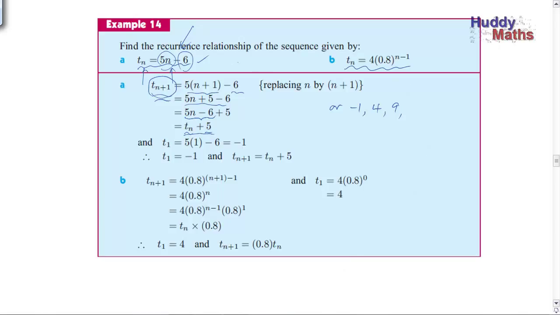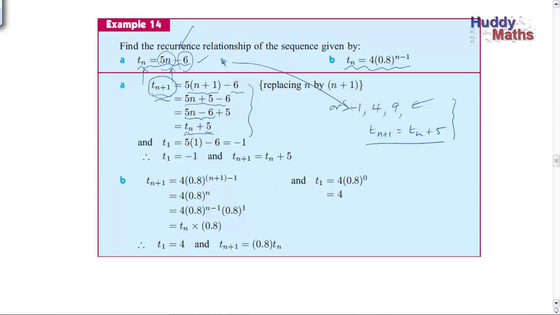So you could actually use the formula to generate this and then say any term is the preceding term plus 5 by actually seeing it here rather than using the algebra. So I leave it up to you whether just to put n plus 1 in the formula and try and connect it back, or to write the whole formula out, or write out all the terms and look at it from that point of view.